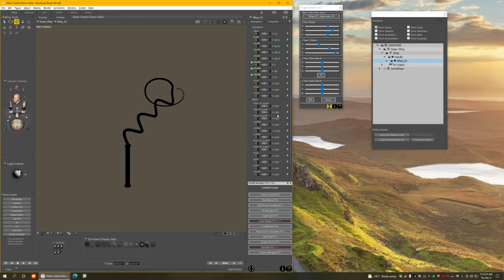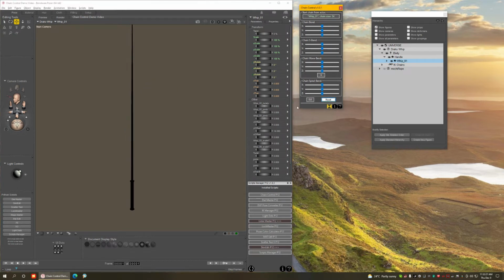Let me reset. And now let's take a look on the wave bend, which is one of the most interesting ones. What the wave bend does is, like the name says, it creates a kind of a wave. And this one has a parameter. All the others don't have any, but this one has a parameter you can add, which is the wave frequency.